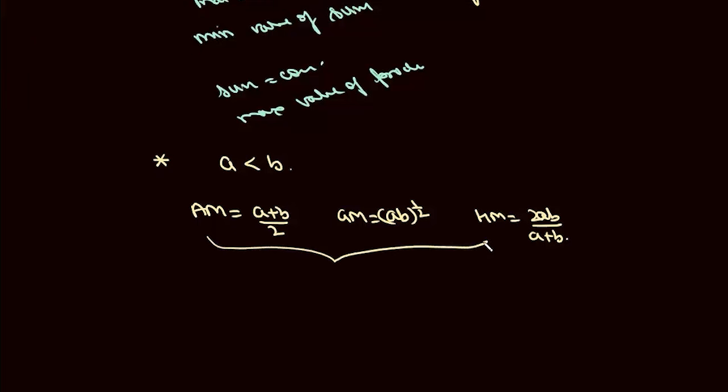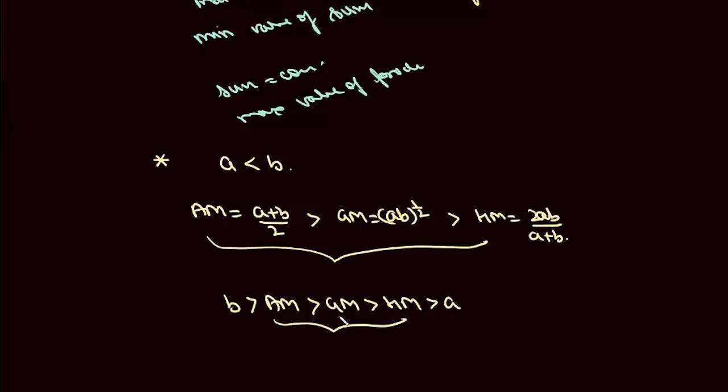All these three means will lie between A and B. So this AM will be greater than GM, and will be greater than HM, and B is the highest number. So B will be greater than your AM, greater than your GM, greater than your HM, and greater than your smallest number A. So all the three means will lie between the two numbers.